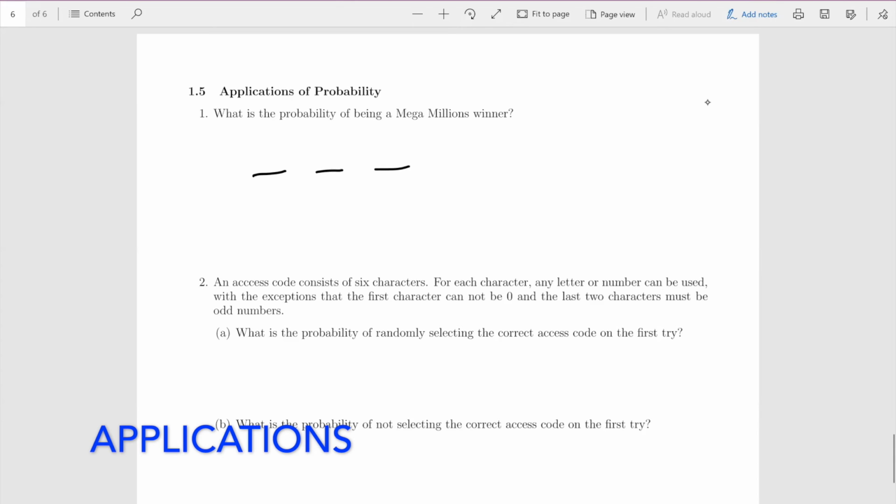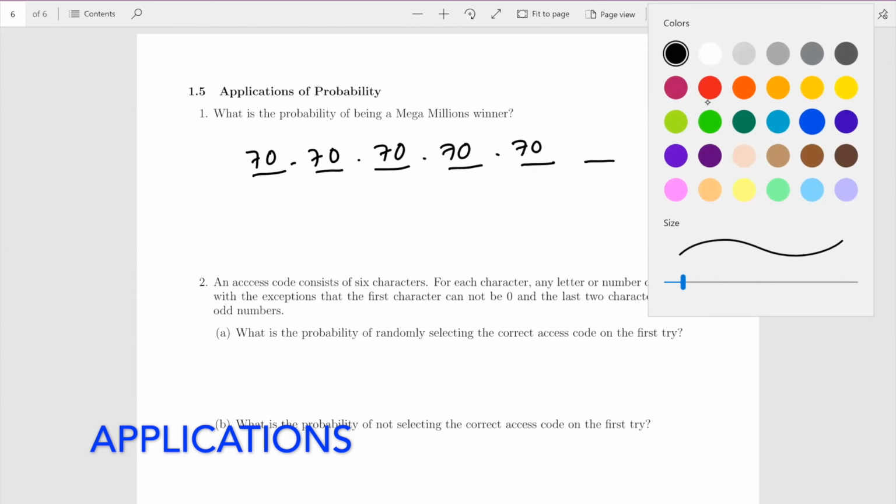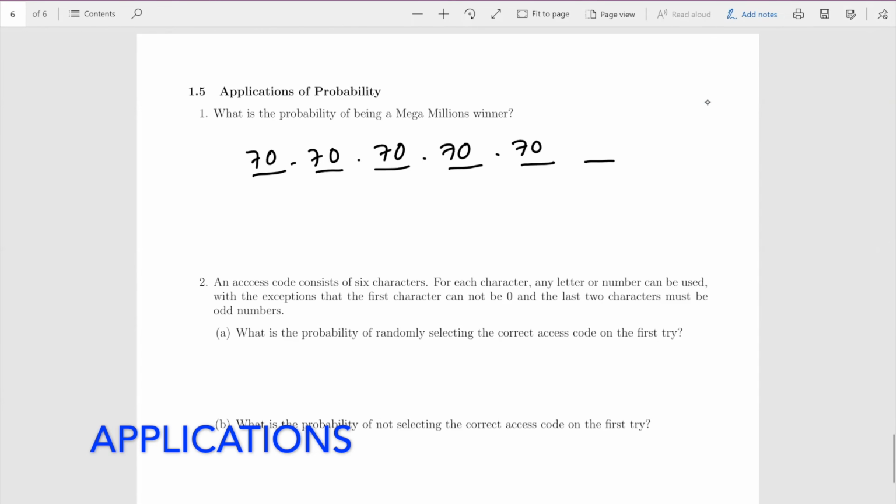The first 5 numbers are from 1 to 70, so I would have 70 possible outcomes for the first number, 70 for the second, third, fourth, and fifth numbers. And for the gold ball, you have choices from 1 to 25, so you have 25 choices here.